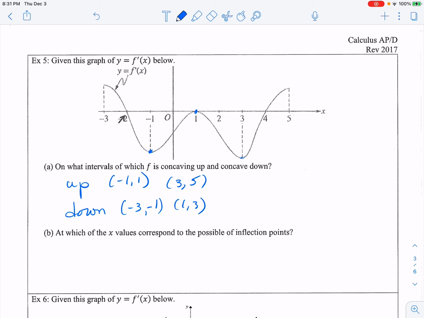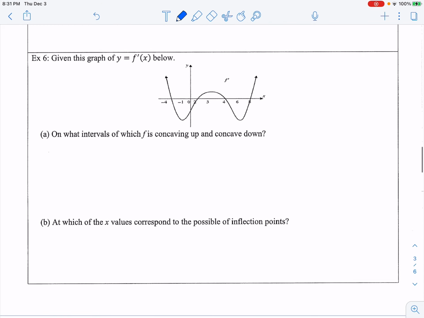Okay? Points of inflection are when these are 0. So negative 1, 1, and 3. Remember, these are the max and mins on the function, because your first derivative is 0. Here, your second derivative is 0.